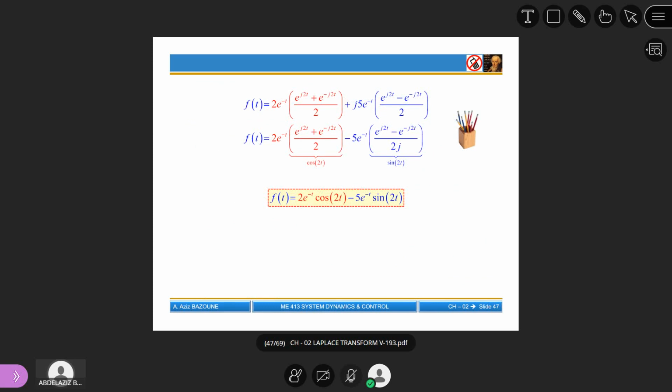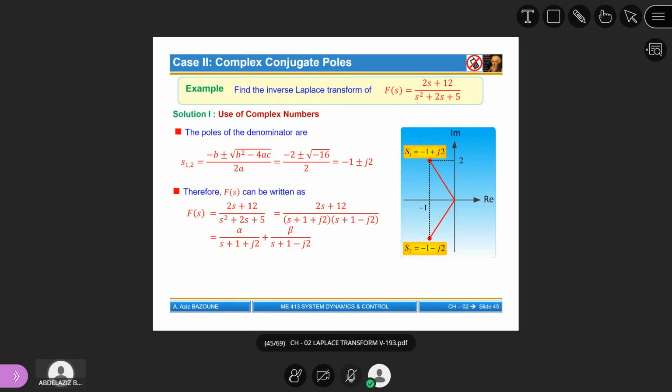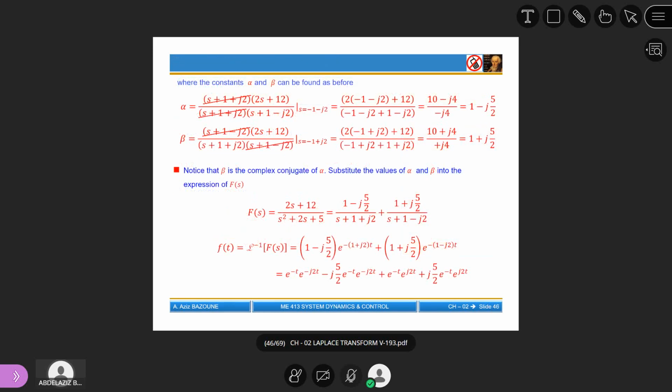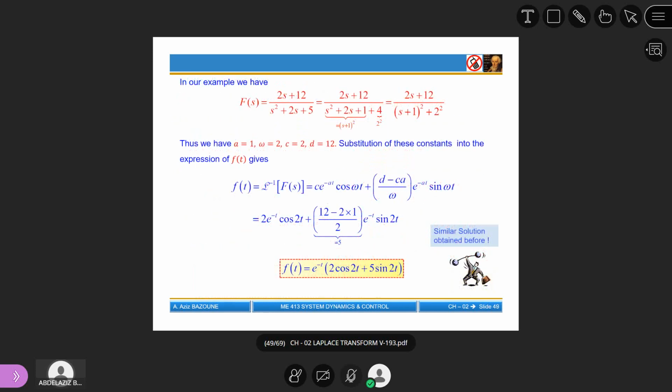Look, Sultan, can you please pay attention here? I don't know where the difficulty is, but I will explain to you. I did not want to give you the method with complex numbers, which is more complicated, and I gave you the easiest way, which is to complete the square. I will give you the example we had here: 2s plus 12 over s squared plus 2s plus 5.